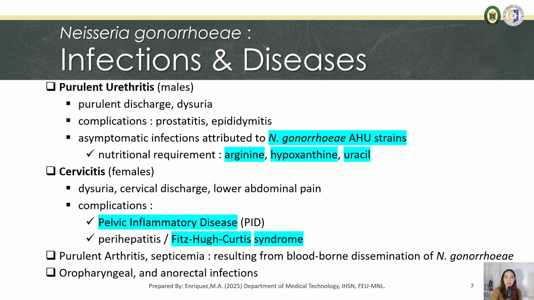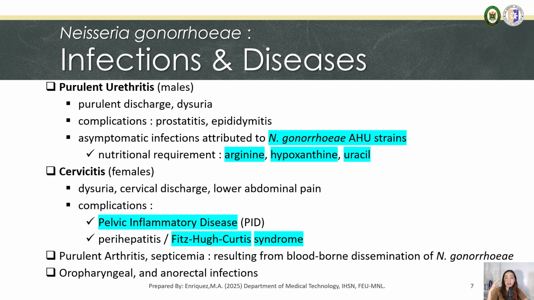Okay. Next, another complication is the Fitzhugh-Curtis syndrome. The Fitzhugh-Curtis syndrome is a complication of pelvic inflammatory disease where inflammation now spreads to the liver capsule. So the liver capsule is a thin, fibrous connective tissue that encloses the liver.